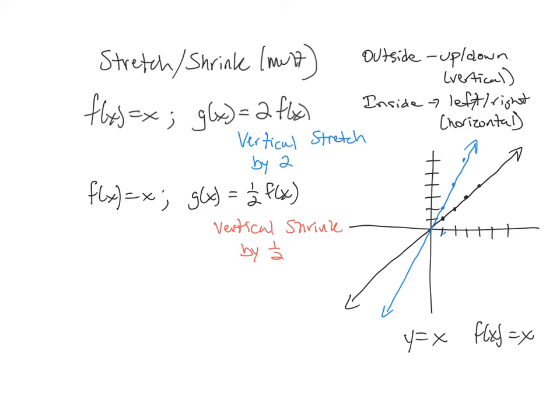Okay, so a shrink means we're going to go less. How much less? We're going to go half. So instead of over 1, up 1, what's half of 1? Well, that'd be a half. Instead of up 2, what's half of that? Half of 2 is 1. Instead of over 3, up 3, it's half of 3, 1.5.